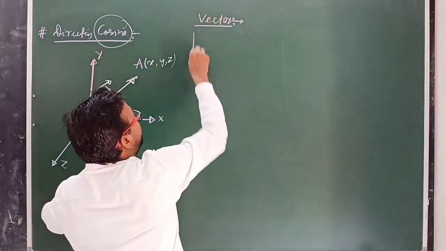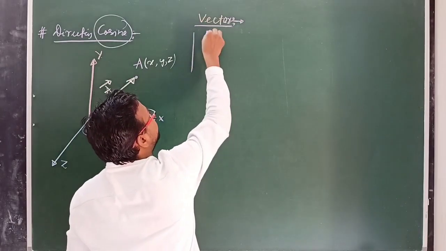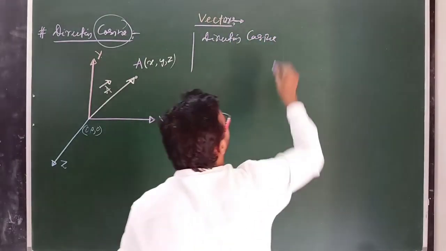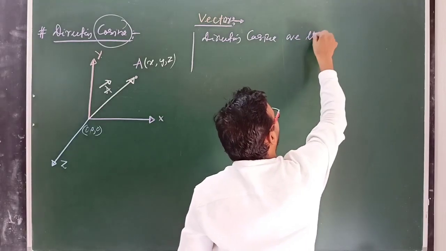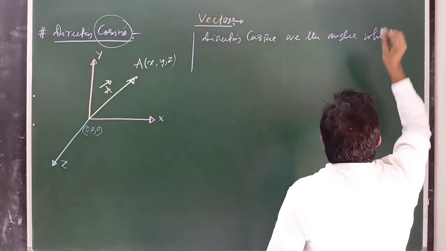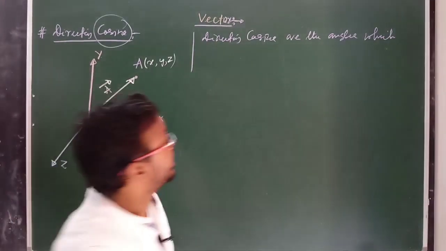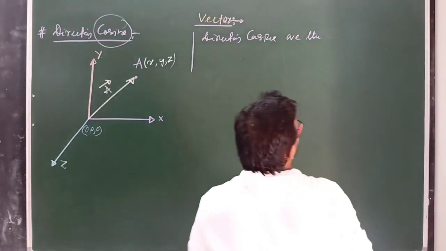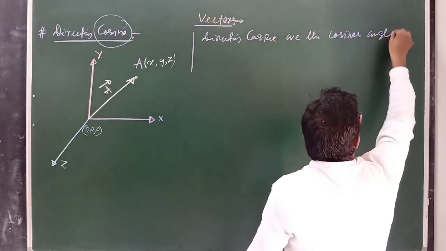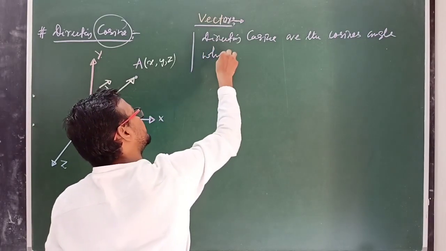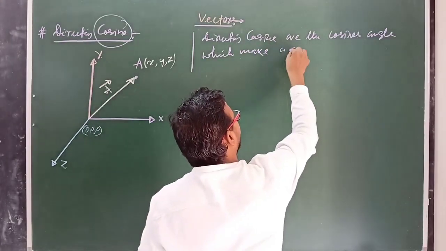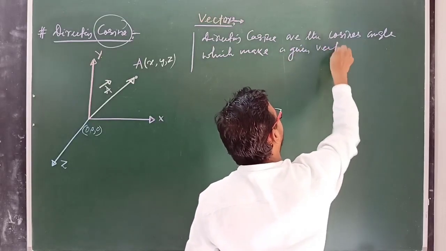So if you want to write the definition first, direction cosines are the cosine angles which a given vector makes.